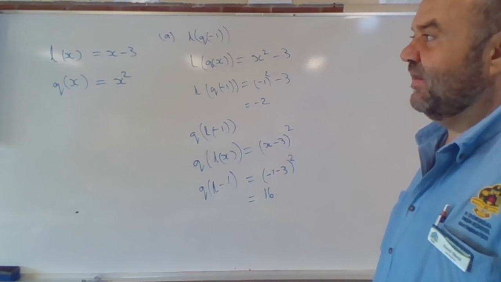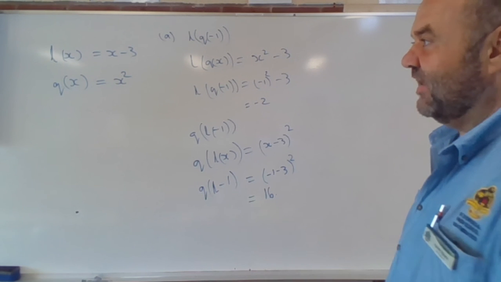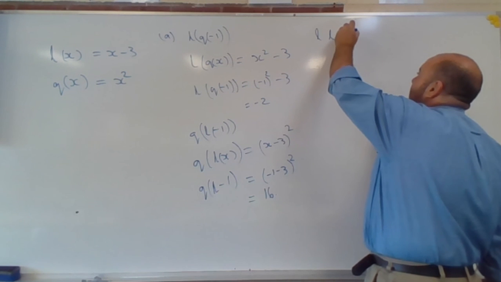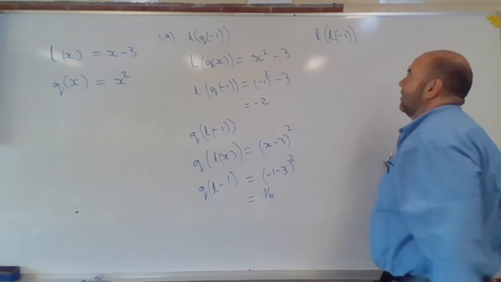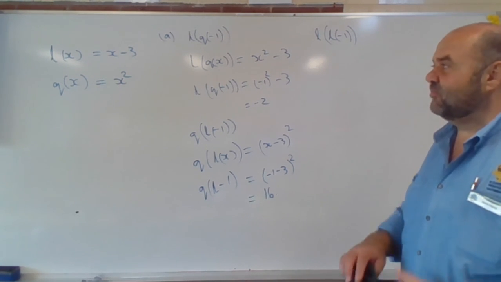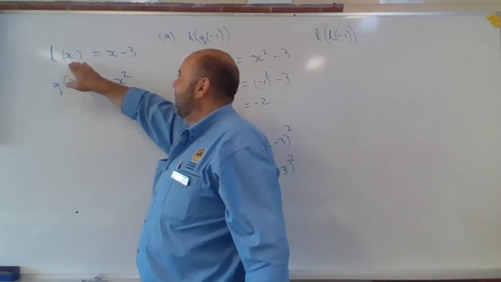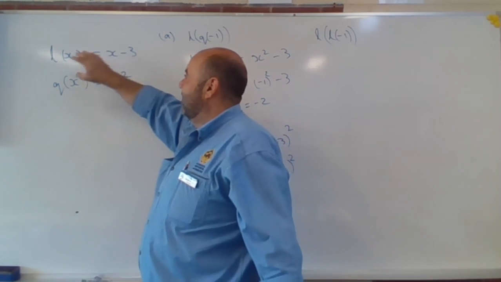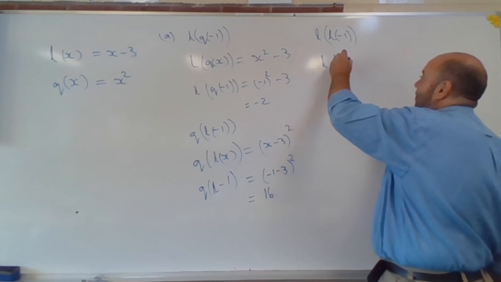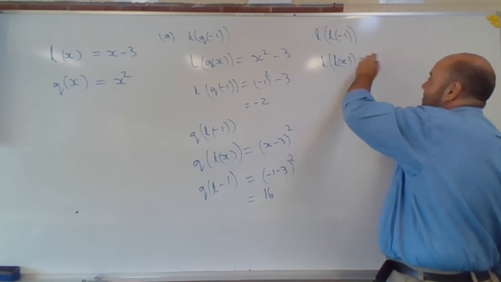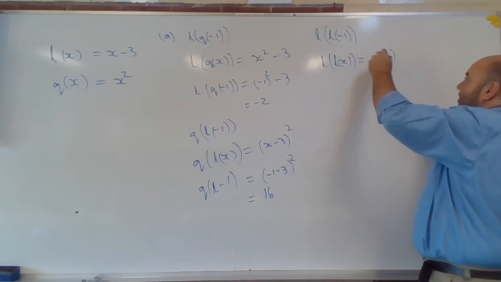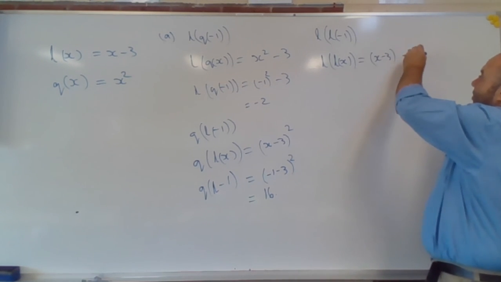Then it asks me to find L of L of -1. Well, that's kind of getting the same function and embedding itself in itself. So where I see x, I embed L of x. So that's going to also L of L of x is going to equal x minus 3 minus 3.